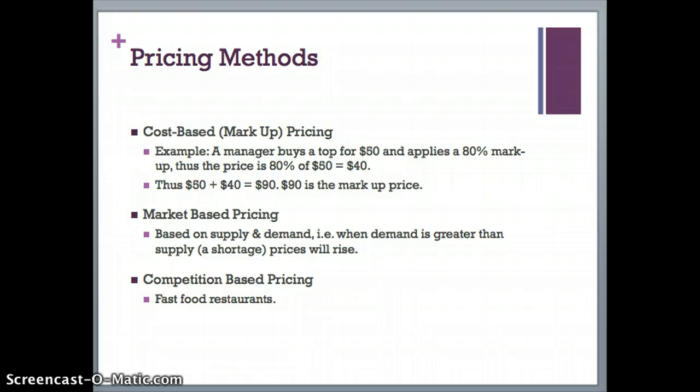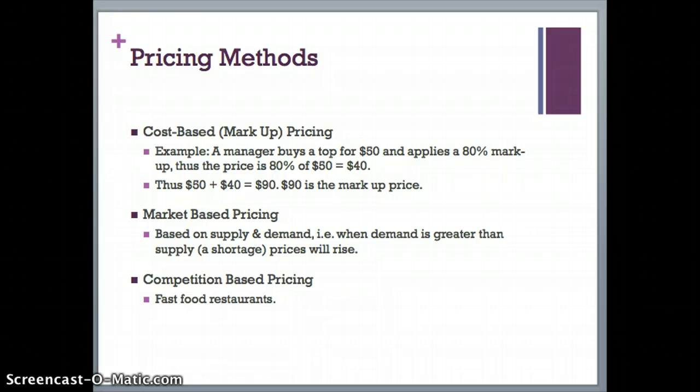Next is market-based pricing. This is based on supply and demand, so if you do economics, this will be a familiar concept to you. Supply is the quantity of a product available for sale, and demand is the quantity of a product that consumers are willing to pay or want. So when demand is greater than supply, prices will rise, and when supply is greater than demand, the price will fall.